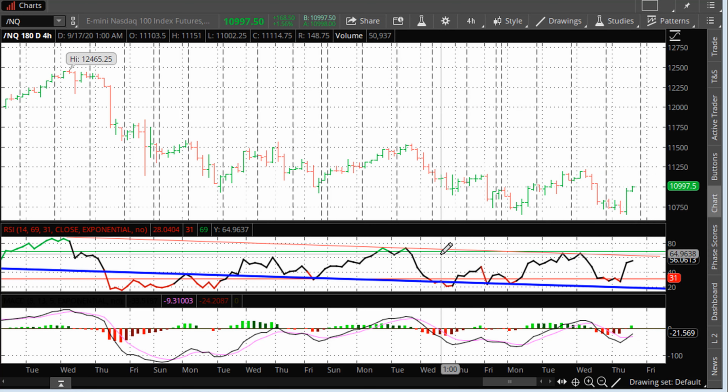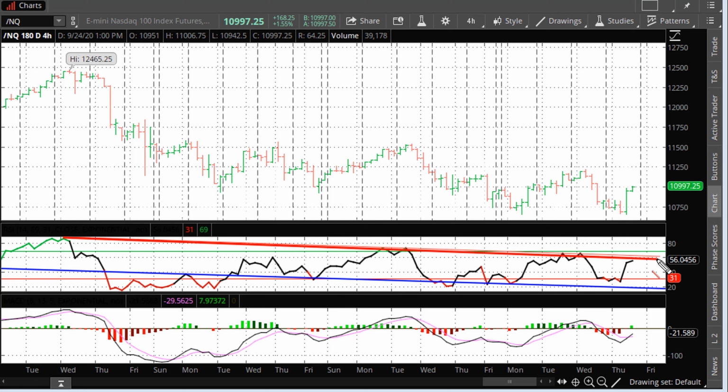Now, like I said, good areas of reversal tend to have confirmation coming from other points of view. And I can argue that there's a line connecting RSI highs. If I draw it this way, you can see the blue line, the red line is exactly where the Nasdaq is trading.